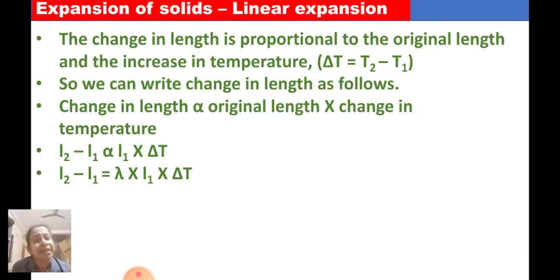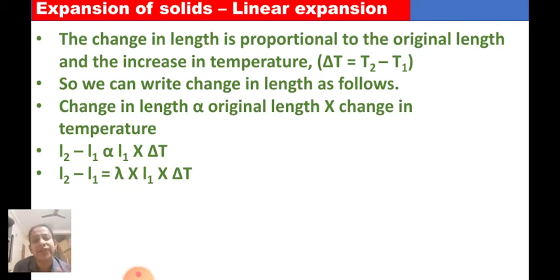So the next formula will be L2 is equal to L1 plus lambda multiplied by L1 multiplied by delta T.